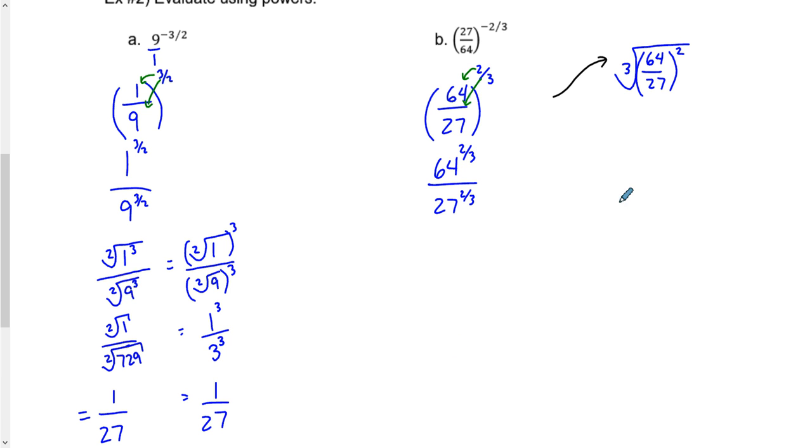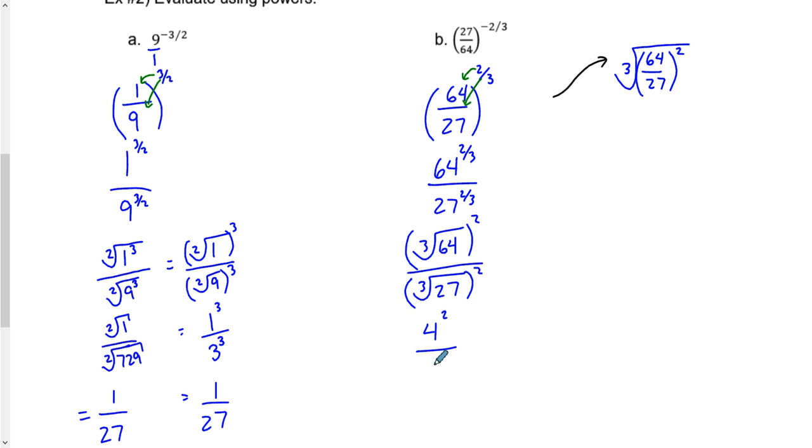I'll finish off this one and then I'll work on this right-hand side. So cube root of 64, and actually I like this one to do it this way, just for the fact that I'm more comfortable with it, and I know that it works out nicely. The cube root of 64 is 4, so 4 squared.